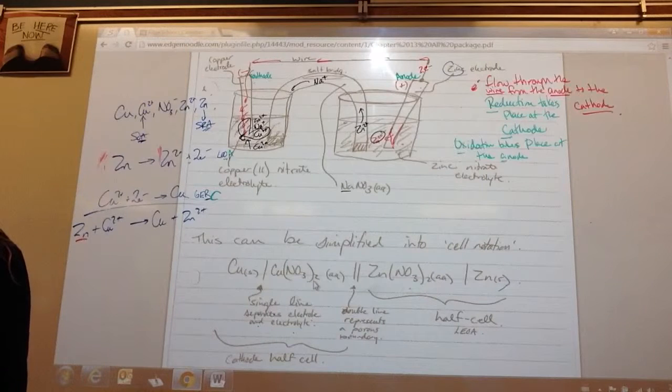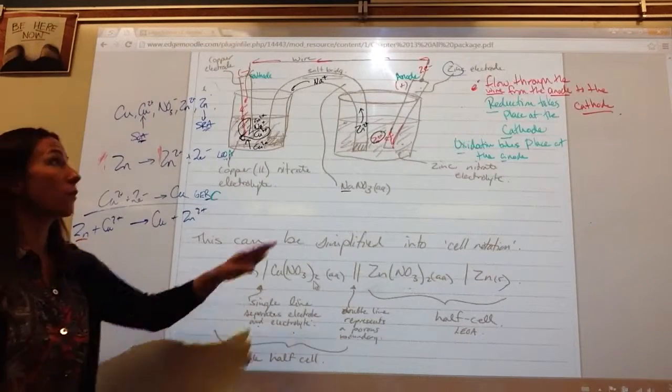If all the copper's gone, which won't happen, then the next one to win this battle would be zinc 2 plus because it's the second strongest. And after all the zinc 2 plus is gone, then I'm going to have the sodium. So then all your NO3 just goes to the other.